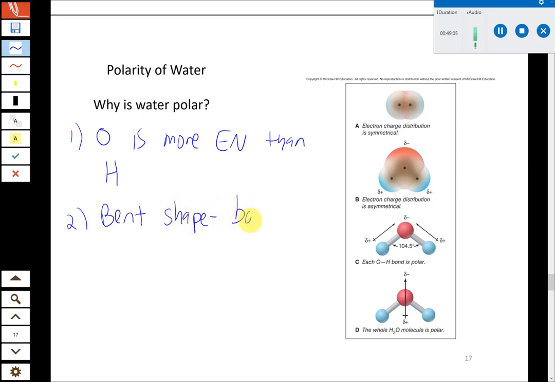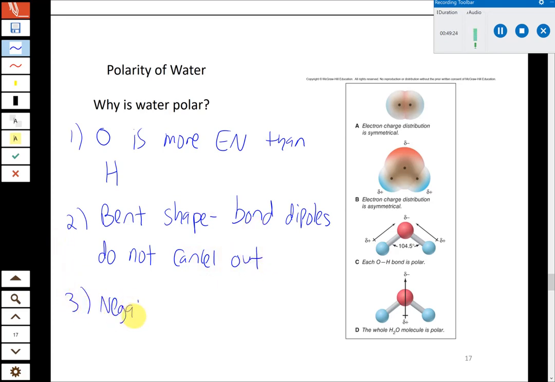And so what that means is that the bond dipoles between hydrogen and oxygen, oxygen being more electronegative than hydrogen, meaning you're going to have a polarity set up there, are not going to be able to cancel out because of the bent shape. And then what ends up in water is you have negative and positive poles.